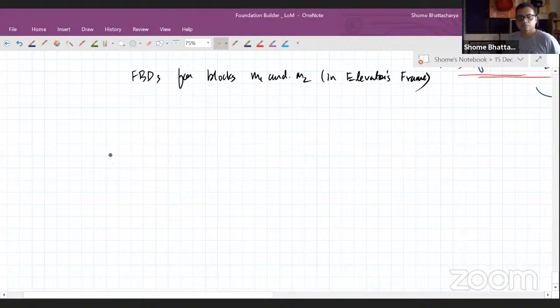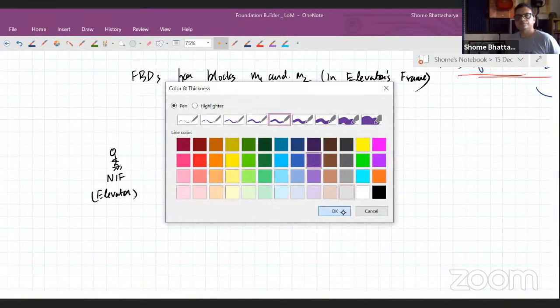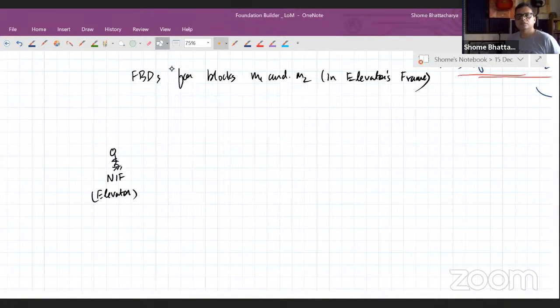Our reference frame is the non-inertial frame of the elevator, which we know is going up with a vertical acceleration a naught equal to g by 10.